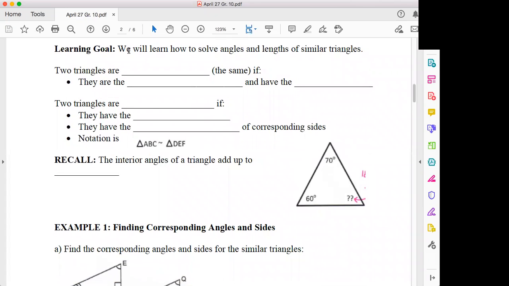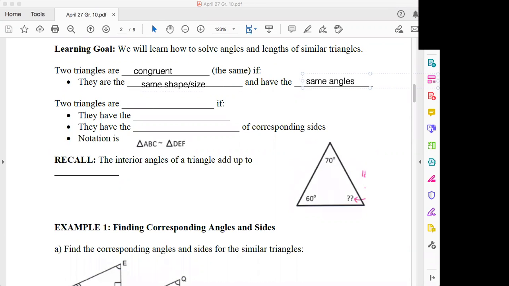So two triangles are, hold on, I got to pull up my stuff here. Okay, so they're congruent if they're the same. That means that they are the same shape and size, and they have the same angles.